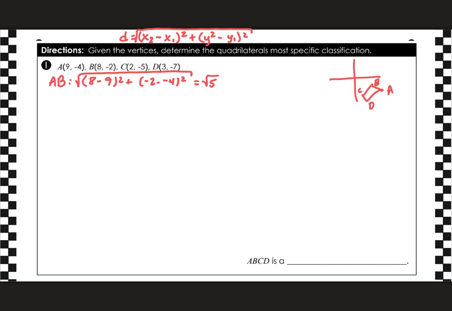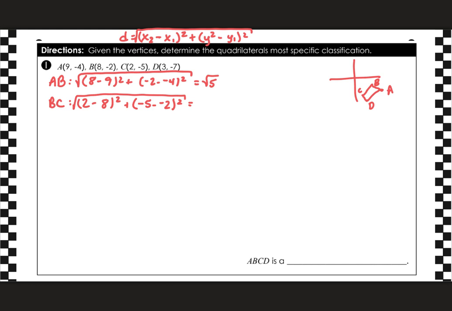And then I'm going to do BC. So I'm going to do x's first, so 2 minus 8 squared plus -5 minus -2 squared. Oops, forgot a parenthesis. 2 minus 8 squared plus negative 5 minus negative 2 squared.